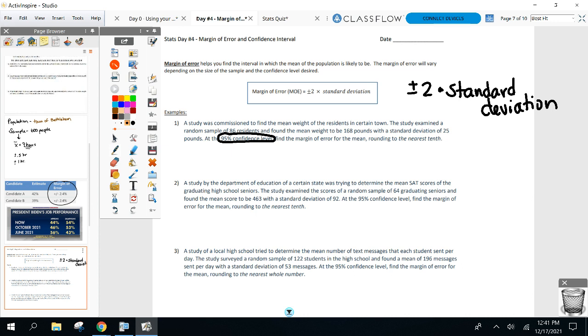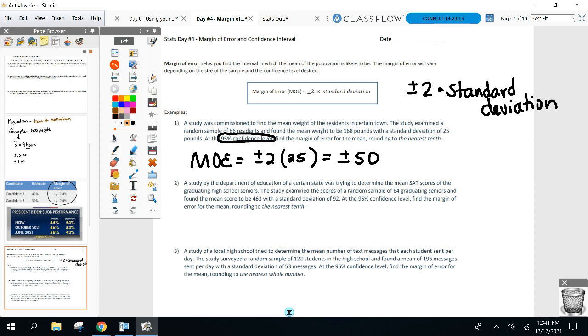All right, so here we go. The margin of error is going to be plus or minus 2 times my standard deviation, 25. The margin of error will be plus or minus 50. And again, what does that mean?